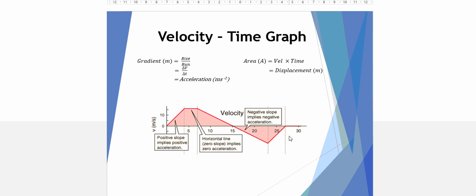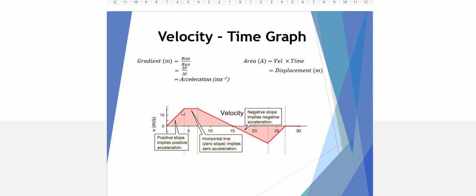The second graph we're looking at is a velocity time graph. Once again, you should ask yourself, what do I get from the gradient and what do I get from the area? Now the gradient of a velocity time graph, once again, is rise over run. This time the rise is measured in velocity and the run is measured in time. So velocity over time by definition is acceleration, in meters per second squared.